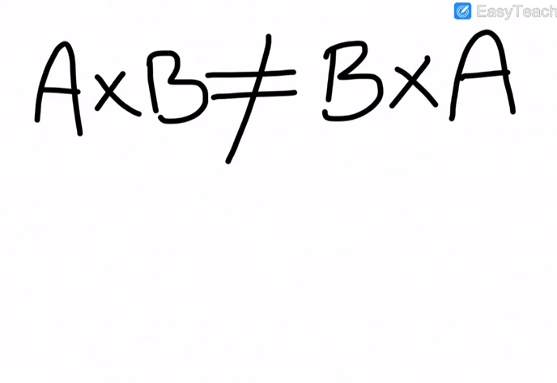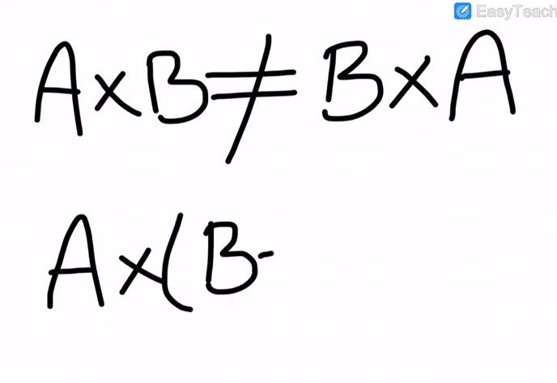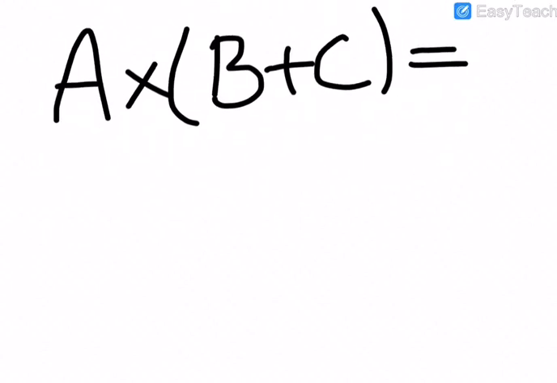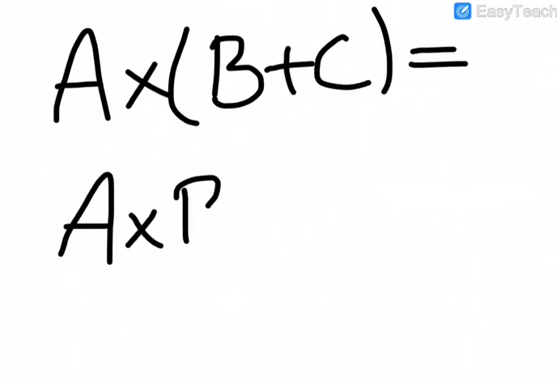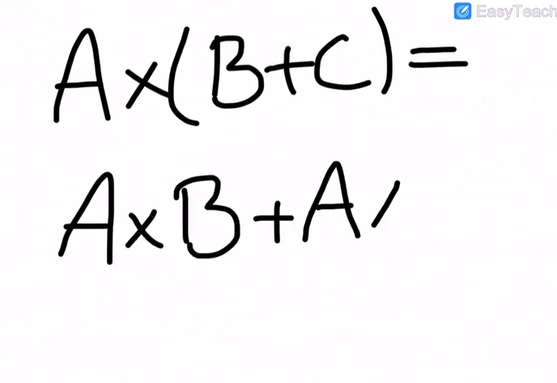Second one, matrix multiplication is distributive. What does it mean? It means A times (B plus C) is equal to, as we know, A times B plus A times C, right? It's distributive. The third property is matrix multiplication is associative.